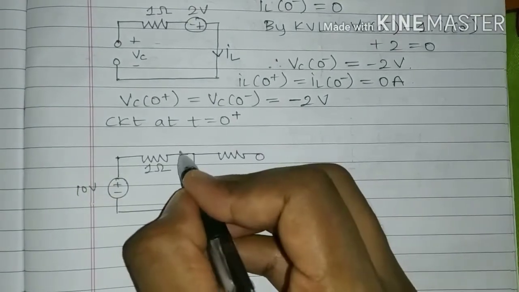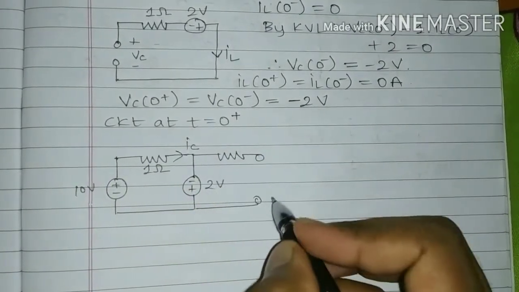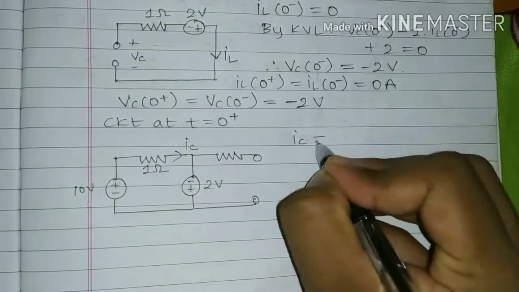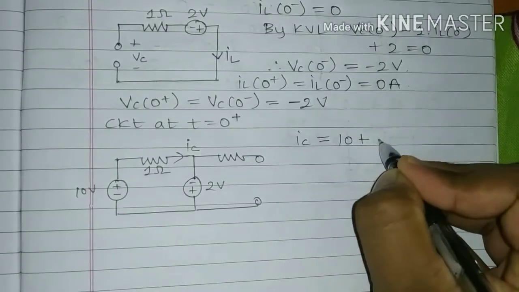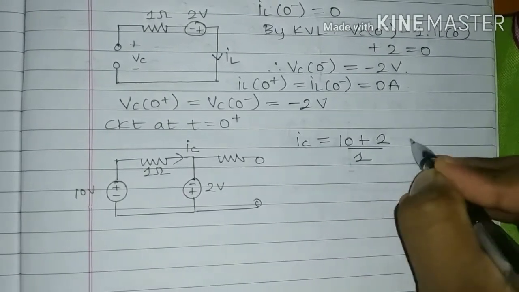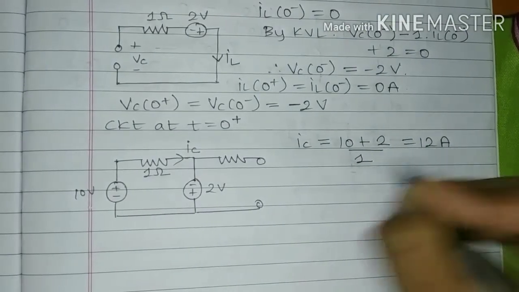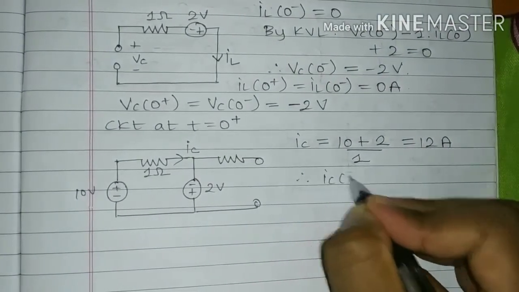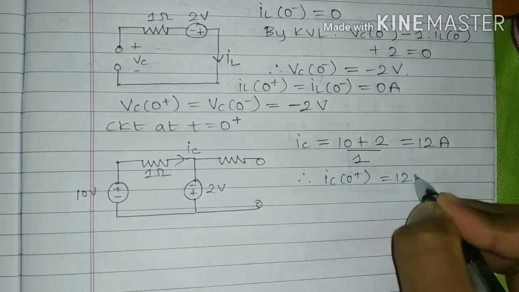Let the current through this loop be IC. So we can write that IC is equal to 10 plus 2 divided by 1, which is equal to 12 ampere.